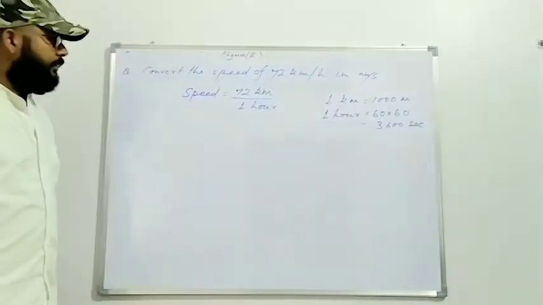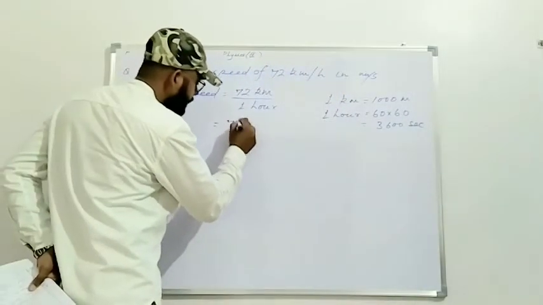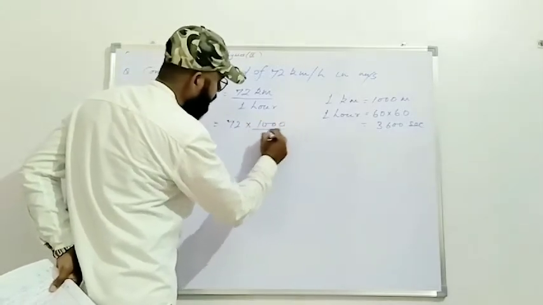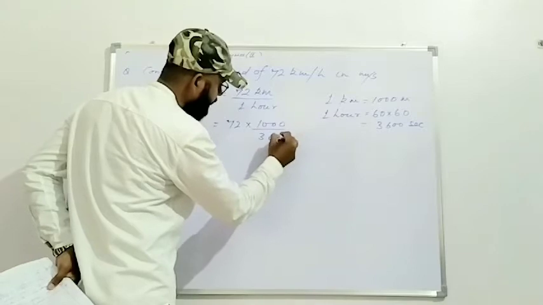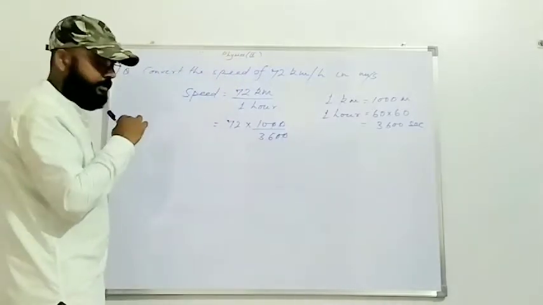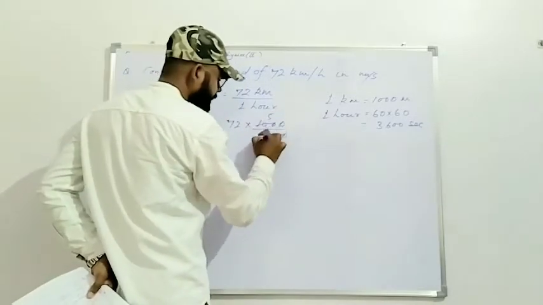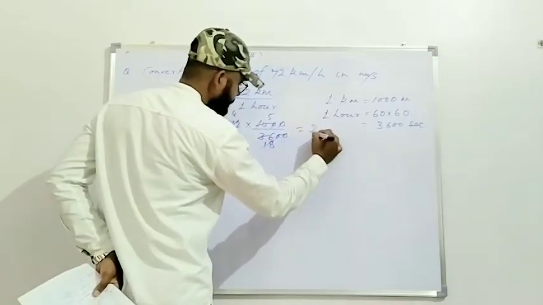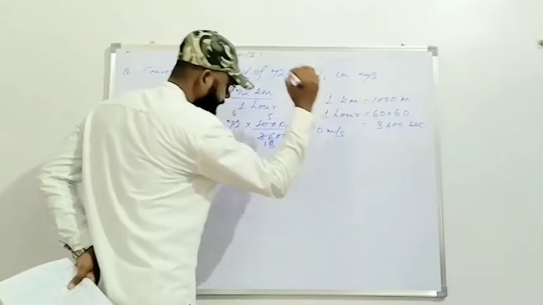Got it? Now put the values: 72 into 1000 upon 3600. Cancel out. 2 5s are 10 and 18 4s jump. This is 20 meter per second.